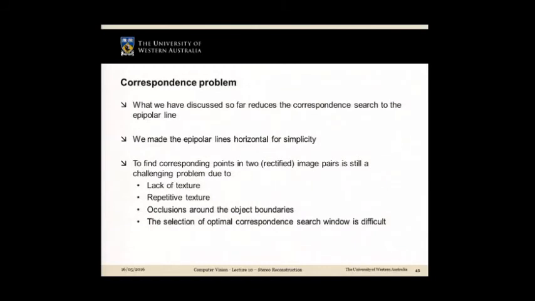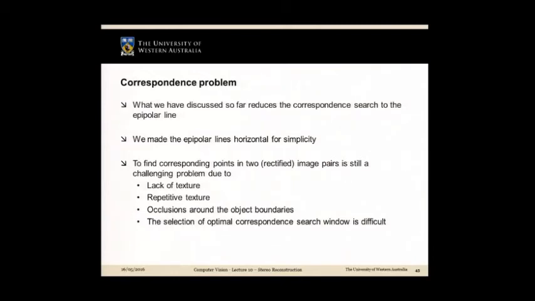Now, the correspondence problem. What we have discussed so far reduces the correspondence search to the epipolar lines, and we made the epipolar lines horizontal for simplicity because search along the horizontal line is simpler, easy. But finding correspondences is still a challenging problem. What if we don't have texture in the scene, in the two images?